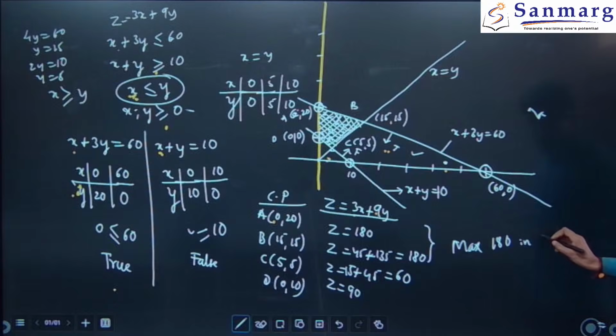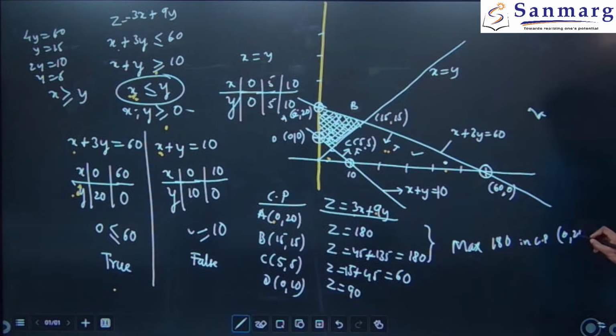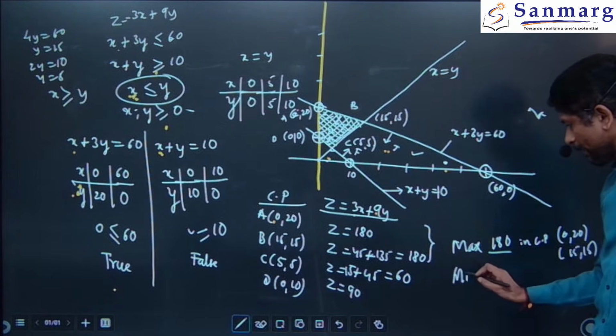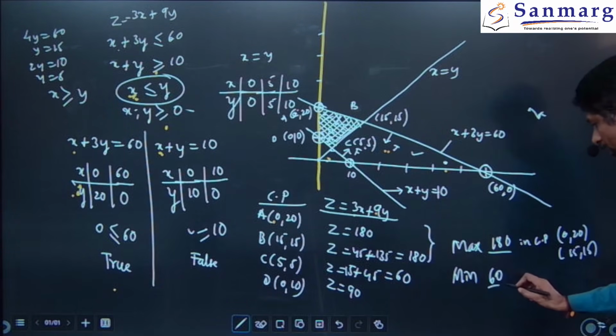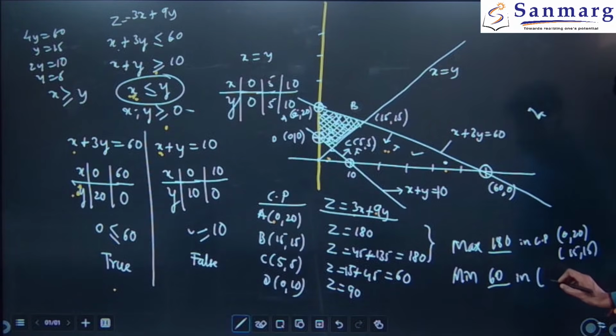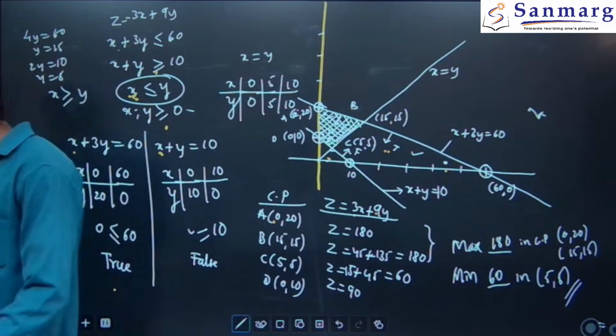In the corner points, you have to mention both. One is 0, 20, and another one is 15, 15. For these two corner points, the value is 180, and the minimum value is 60 at the corner point 5, 5. This way you have to find the maximum and minimum value here.